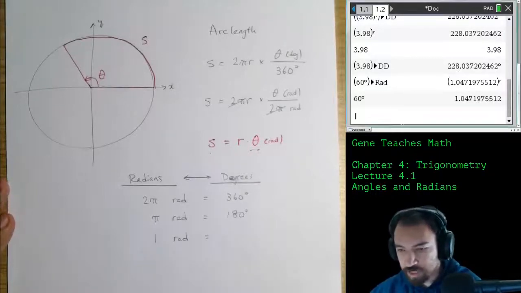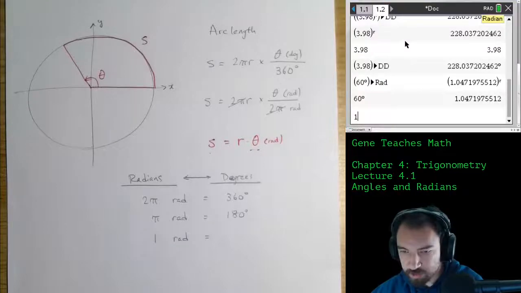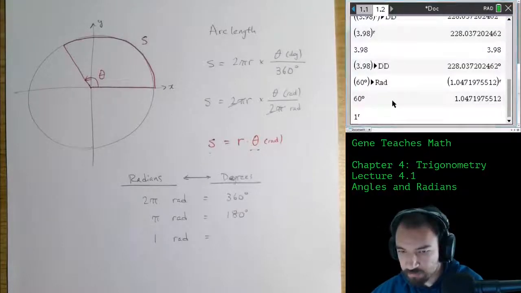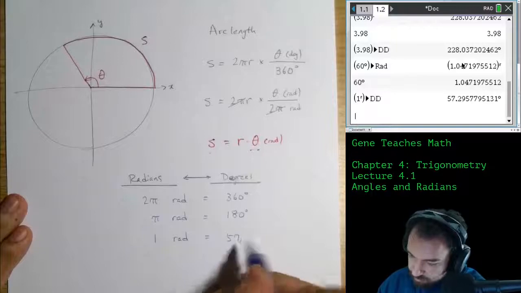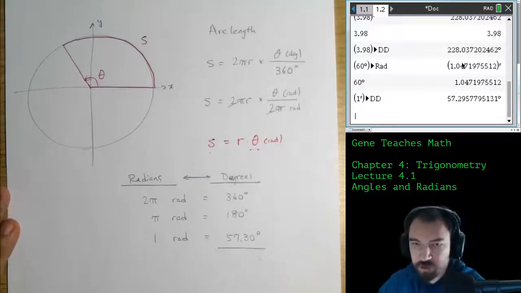Well, let's ask the calculator. We can say 1 radian converted to degrees. So we are default in radians, but just to be super clear, let's slap this up here, 1 radian, and let's convert this to decimal degrees. Turns out it is 57.30 degrees, with 2 decimal places.